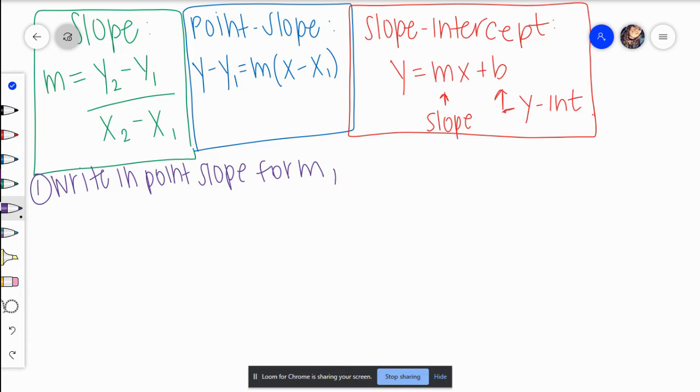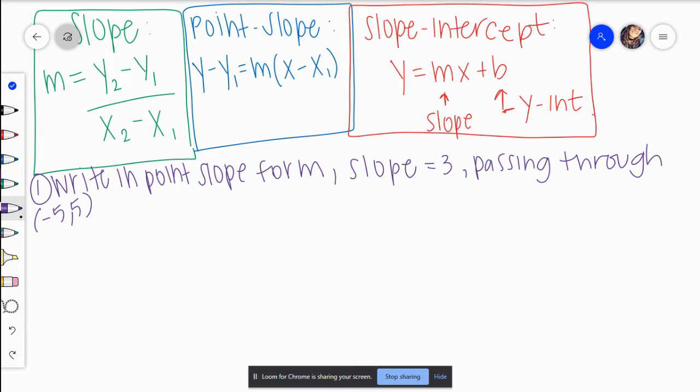It tells you that your slope equals 3 and that we're passing through the point negative 5, 5.